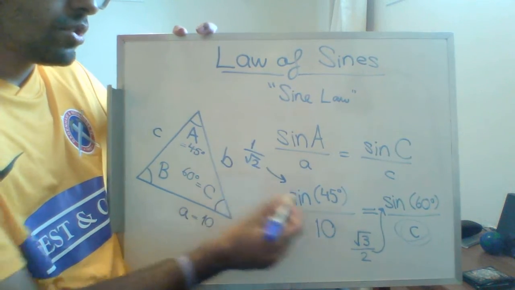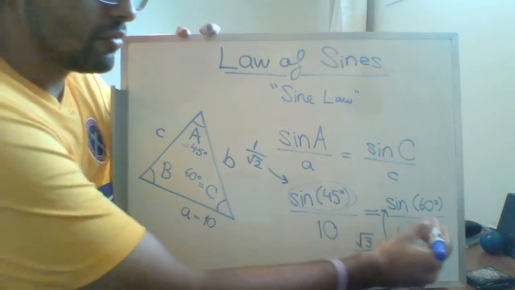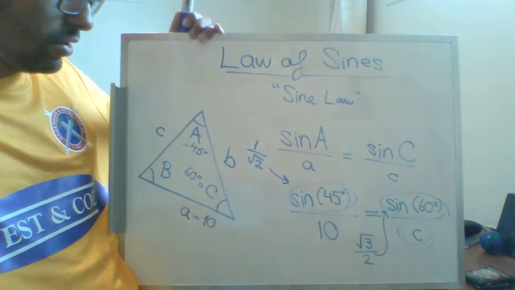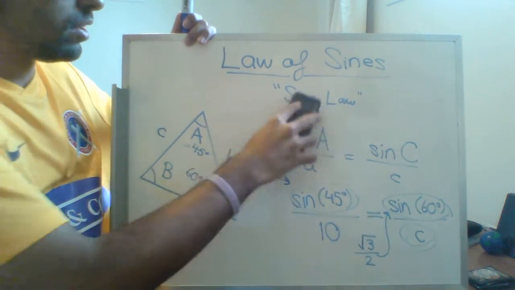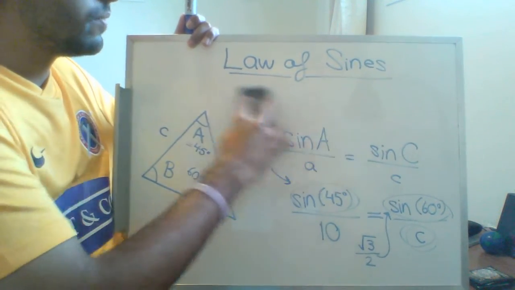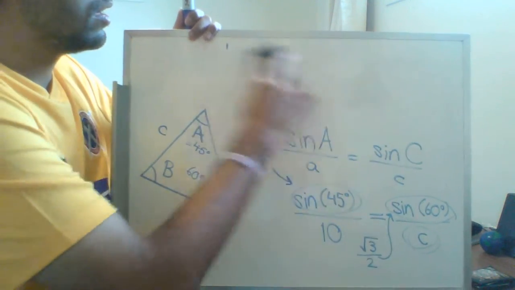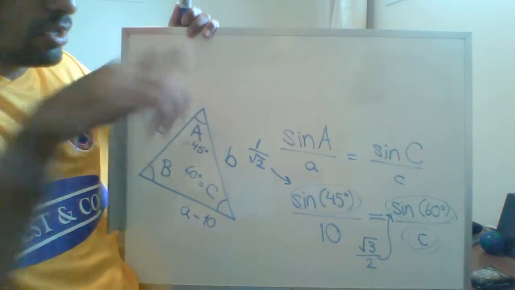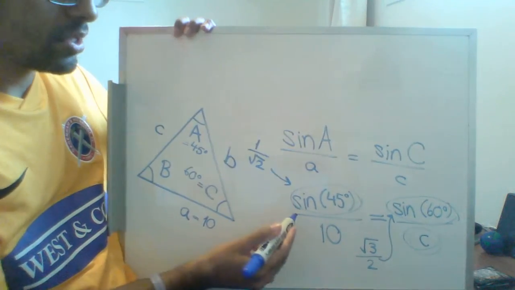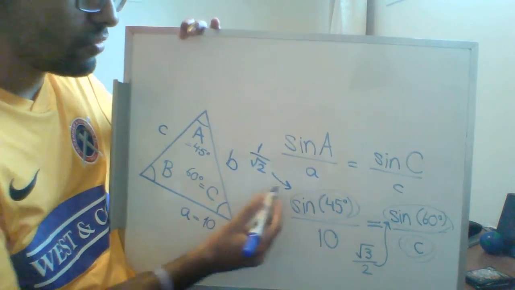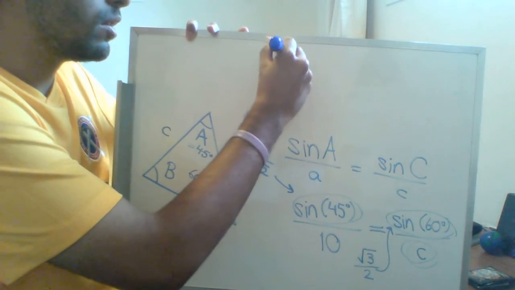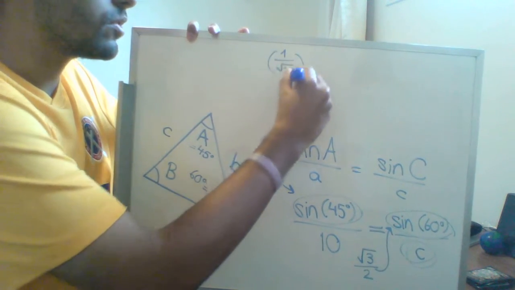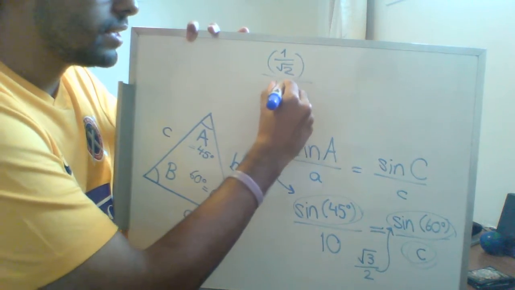I'm going to rewrite that up here, taking this line and writing it at the top so we can keep moving. So sine 45 is 1 over root 2, so we've got 1 over the square root of 2, divided by 10.